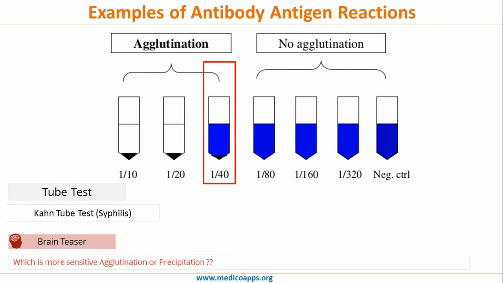Again, this is a very frequently asked question. Agglutination is more sensitive because the antigen is already large and insoluble, so even a very low concentration of antibodies can make the agglutination reaction happen.